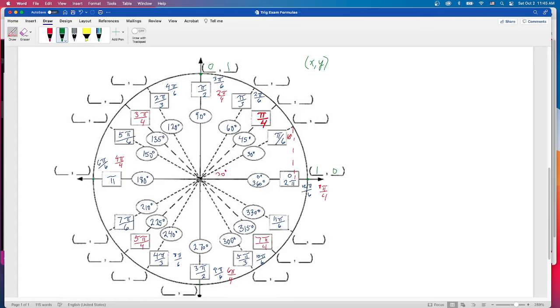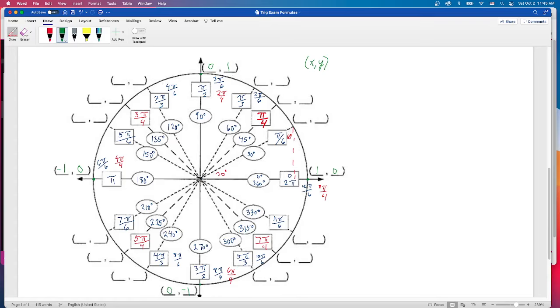Over on this far side to the left, x is negative 1, y is 0. And then down at the bottom of the circle, we have x is 0, y is negative 1. So we've got those 4 major points. Now all these special angles in between, the 30, the 45, the 60, they're constructed from a triangle.